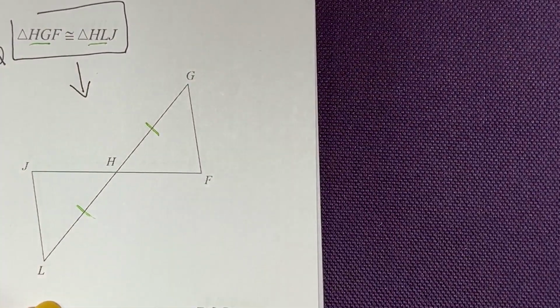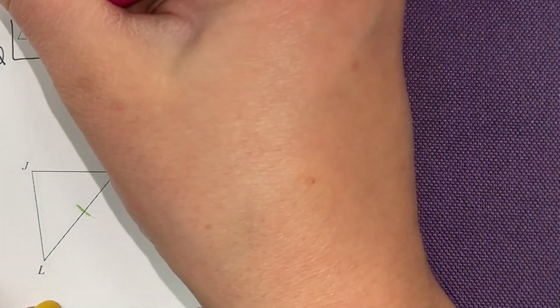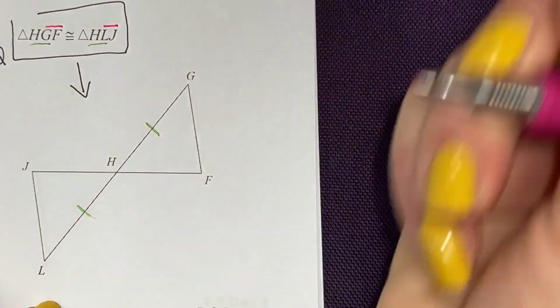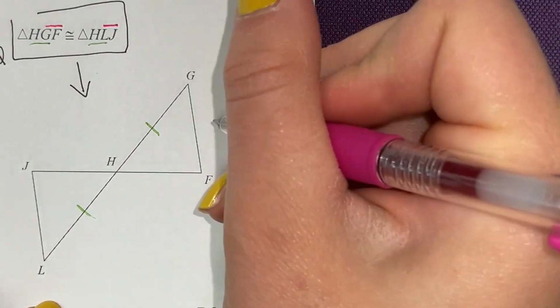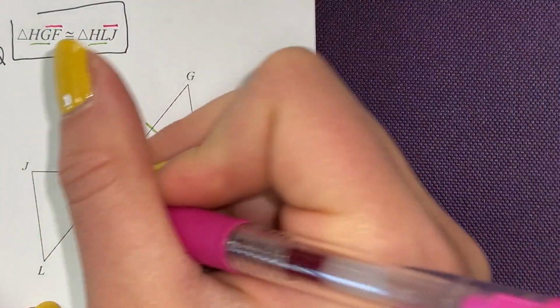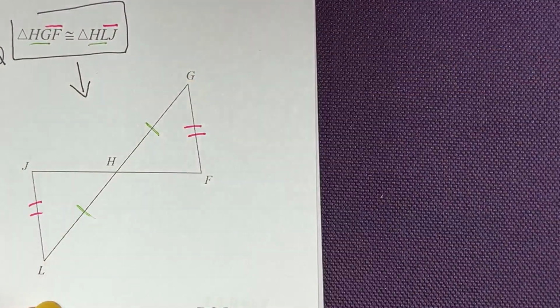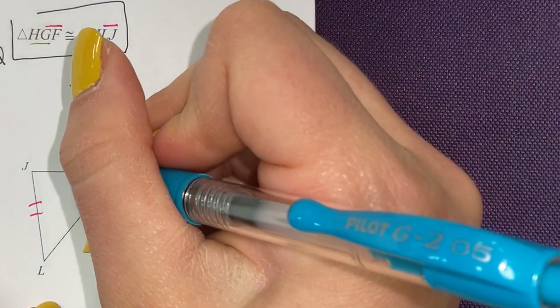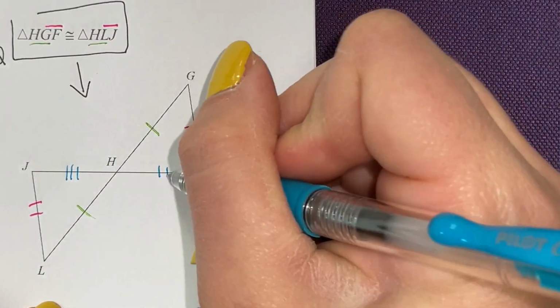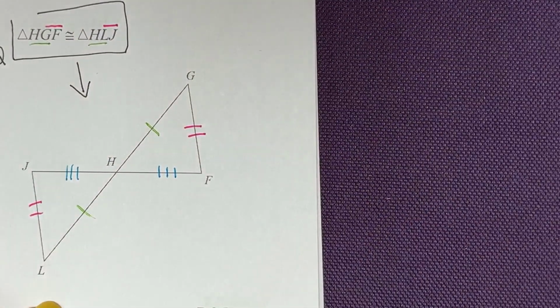Then I can say that GF and LJ are also going to be congruent sides. So I'm gonna put a double tick mark there. And because I know that these are already congruent, I can say that third side in each of the triangles are congruent as well. Then I also have to say things about the angles.